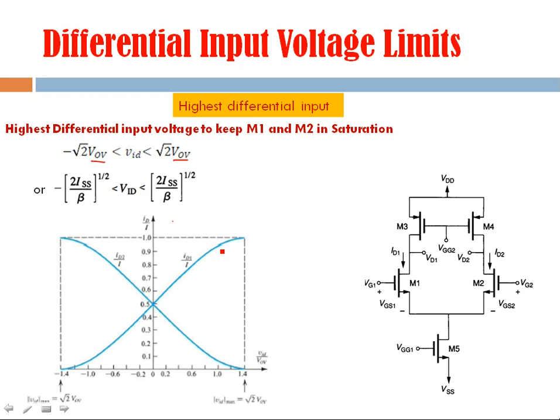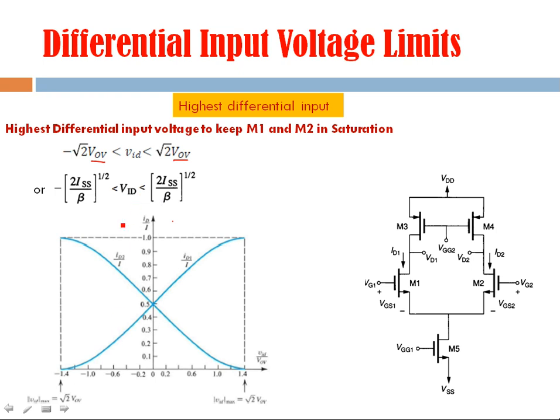And the curve between this differential input voltage and output current is shown like this. And you know that when this differential input voltage is within this range, both equations are giving you the same range.